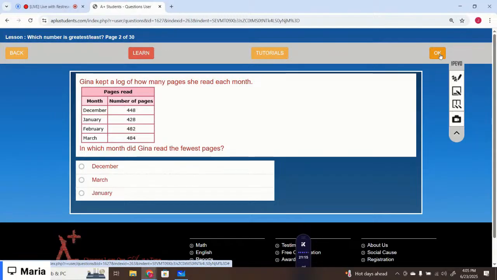Gina kept a log of how many pages she read each month. In which month did Gina read the fewest pages?